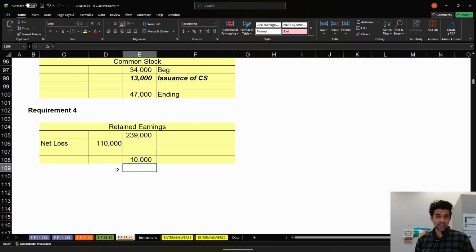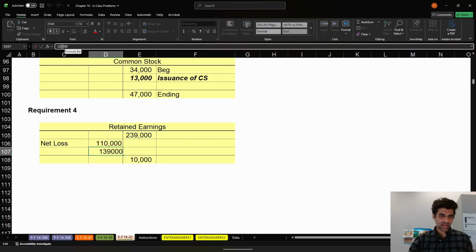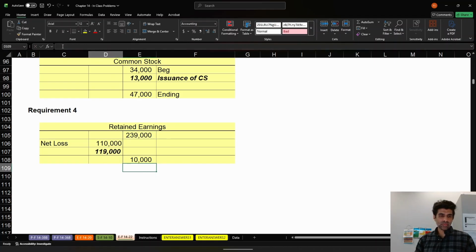And then to figure out what the dividend was, you basically have this plus this minus this, 139,000. And then just to verify, this minus this minus this. Yeah, so this should be 119. And so this would have been your dividend.